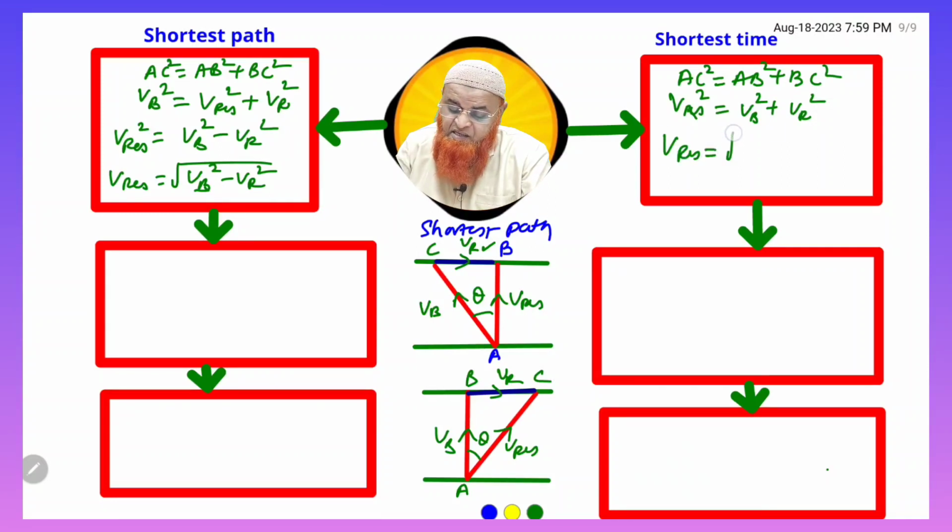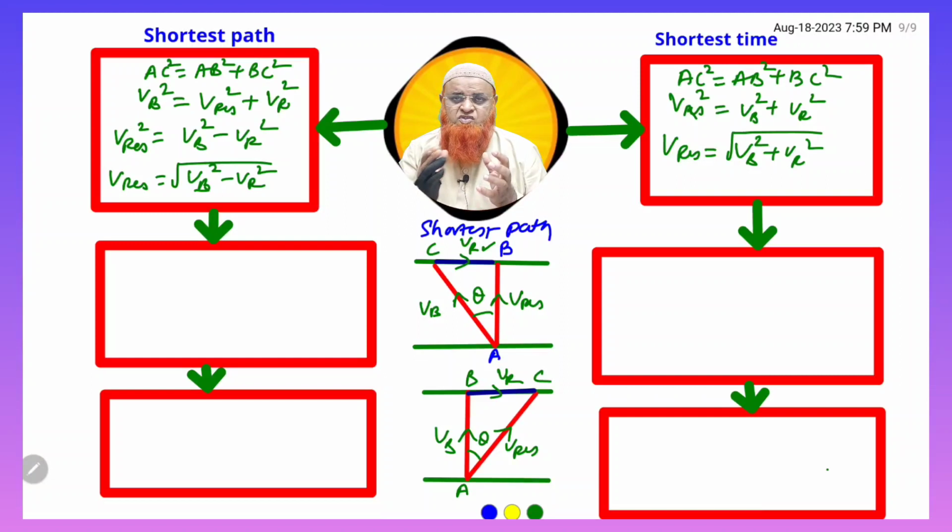Therefore, we can take resultant velocity is equal to square root of VB square plus VR square. If you see the difference between shortest time and shortest path, in shortest path, velocity of the boat whole square minus velocity of the river whole square, minus is coming here. Whereas in the case of shortest time, you are getting velocity of the boat whole square plus velocity of the river whole square under root.